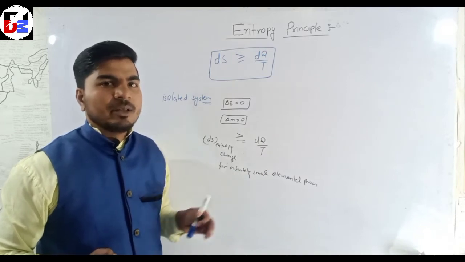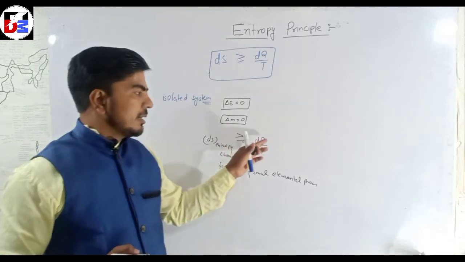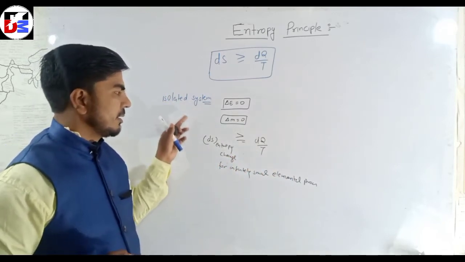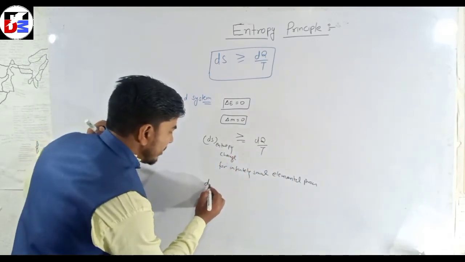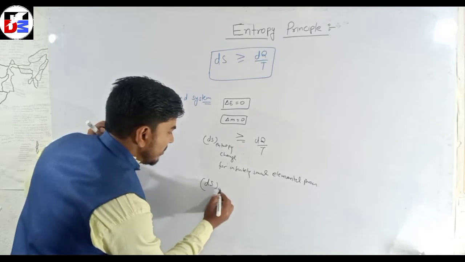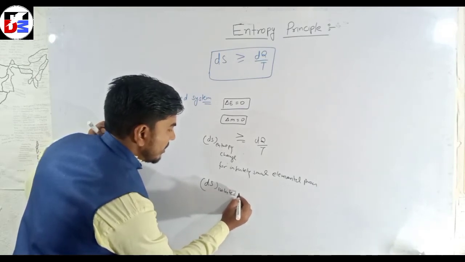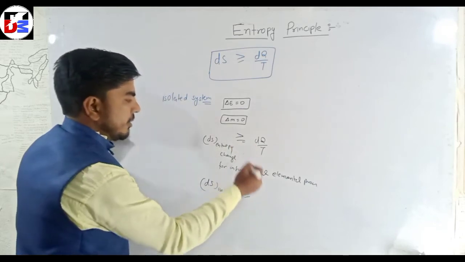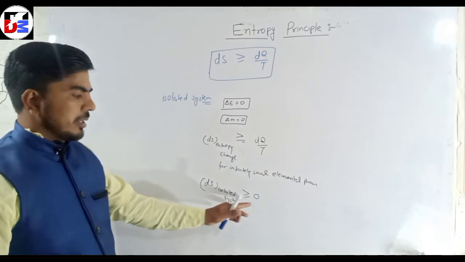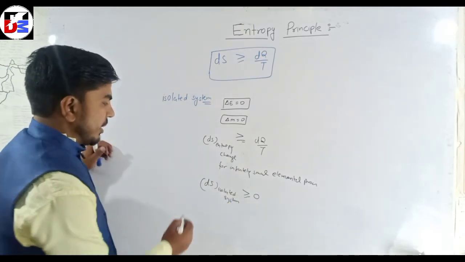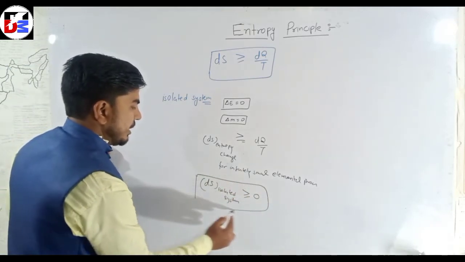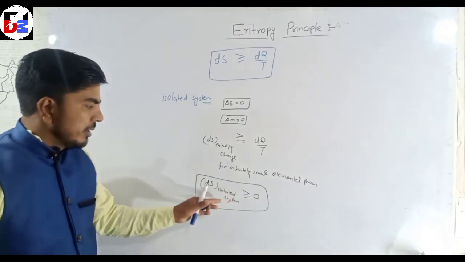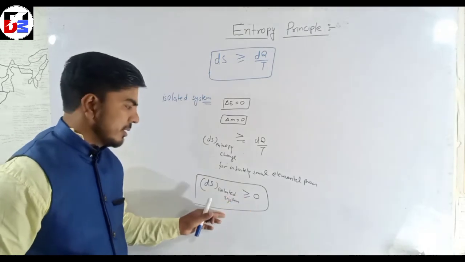Why is dQ zero? Heat transfer is a form of energy, so energy is always constant in an isolated system. Then dS of the isolated system, with dQ equal to 0, gives that the entropy change of an isolated system is always equal to 0 or greater than 0.